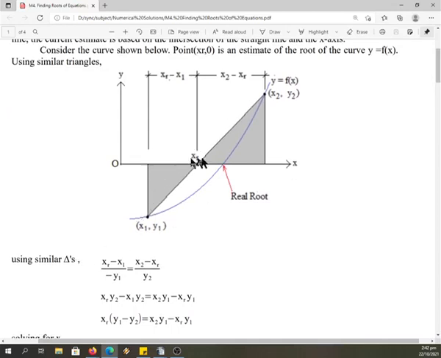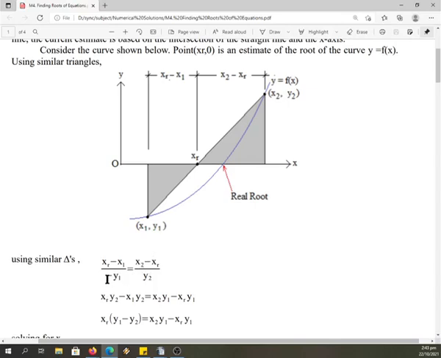From the figure, for the small triangle, let's call this base and let's call this height. Base over height is equal to, using the concept of similar triangles, the base over height of the larger triangle.